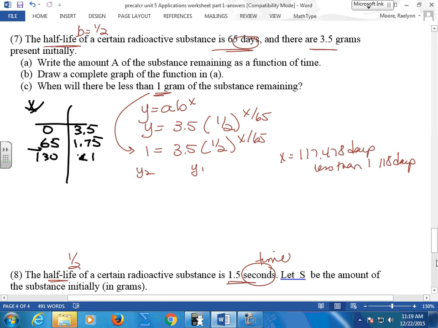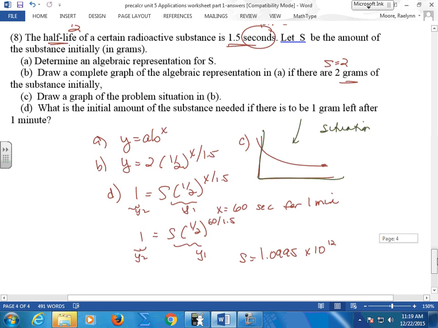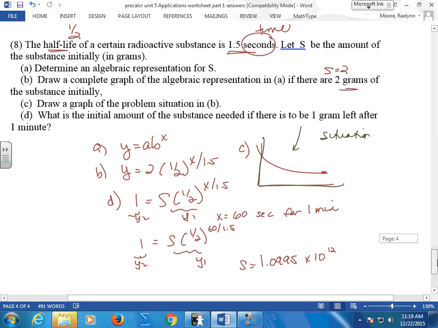Okay, and again I gave you another half-life. You have a half-life of a certain substance in, look how fast this is, seconds. So you initially started with 2 grams. You want to know how much is left after 1 minute. But your graph is in seconds, so don't forget to convert that 1 minute to 60 seconds.